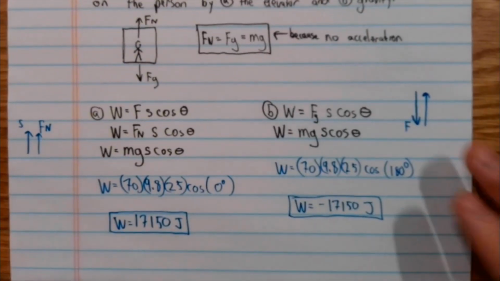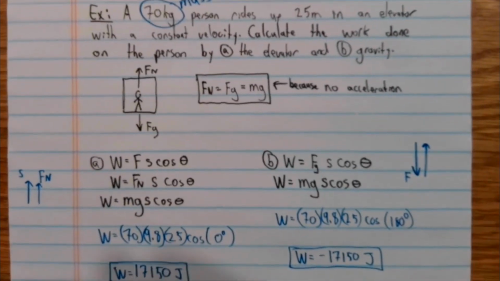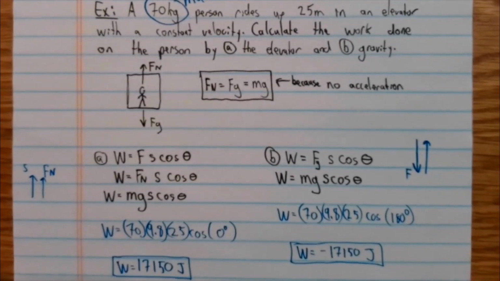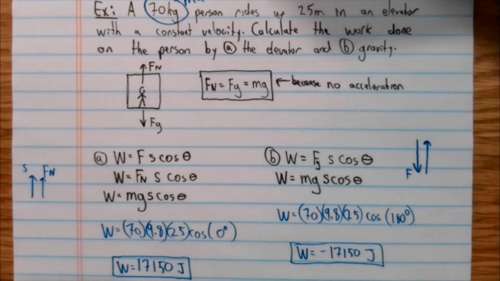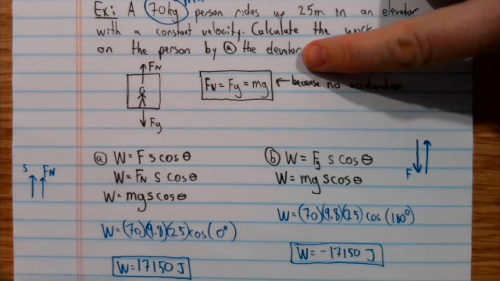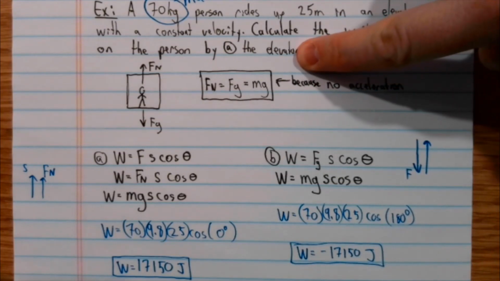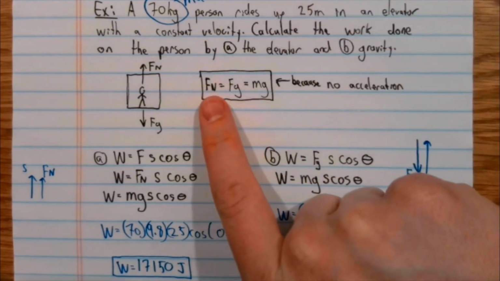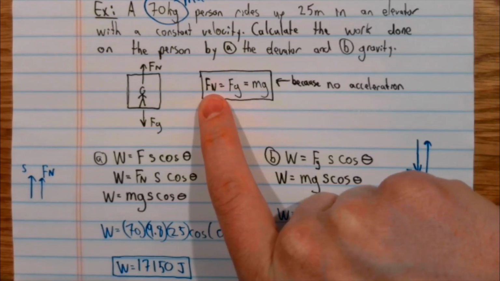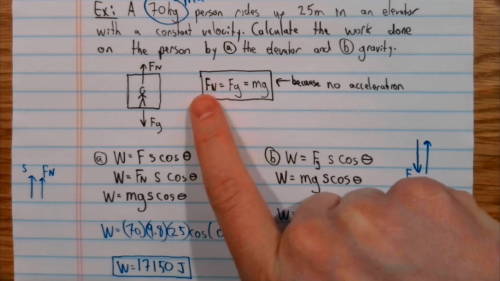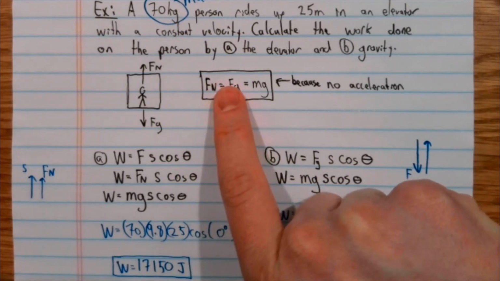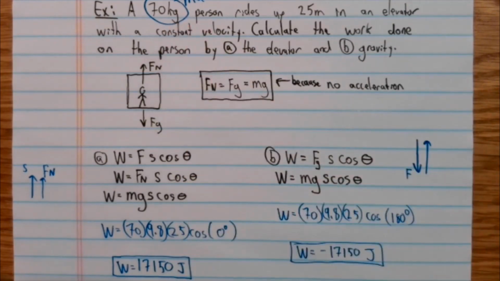So what did we do in this problem? In order to calculate work, first we determined that Fn and Fg are the same thing. We determined that the work done by the elevator is actually the work done by normal force, and that both of these, Fn and Fg, are calculated by 70 times 9.8.